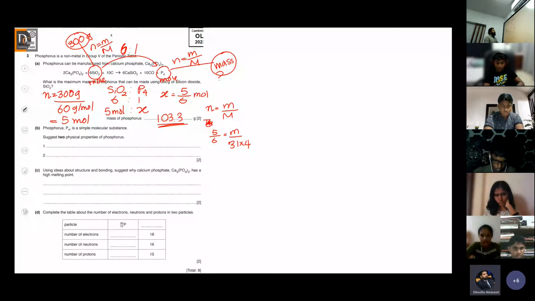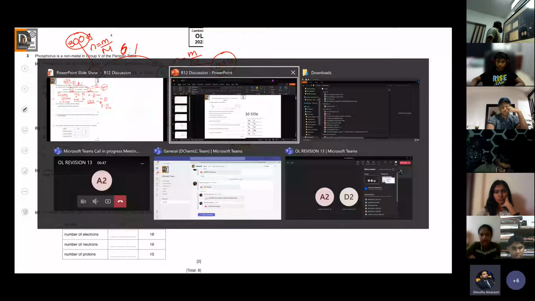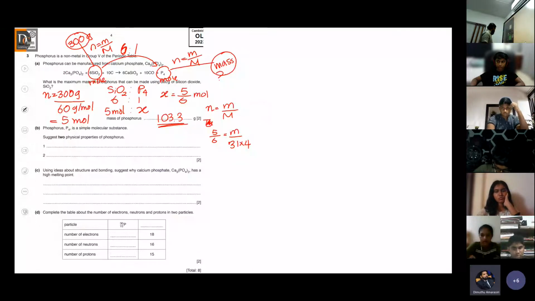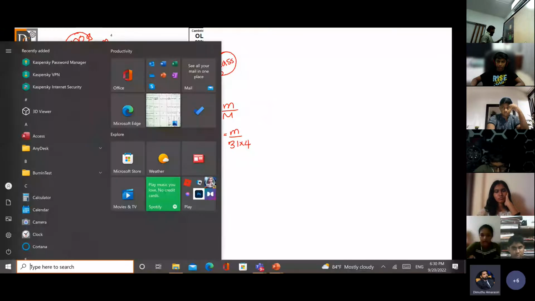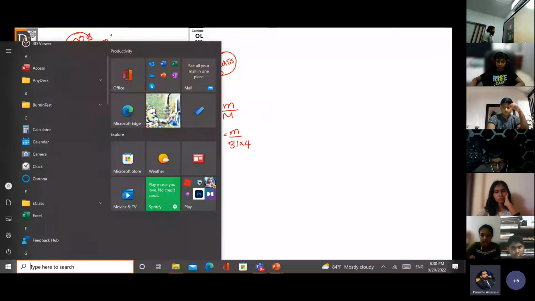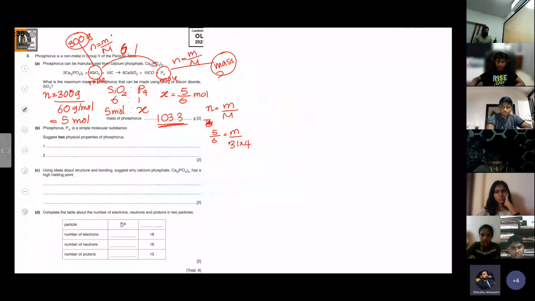Okay. Phosphorus is a simple molecular substance, suggest 2 physical properties of phosphorus. All right. Let me go to the board actually to explain that. I'll be quickly revising this to help the new students.